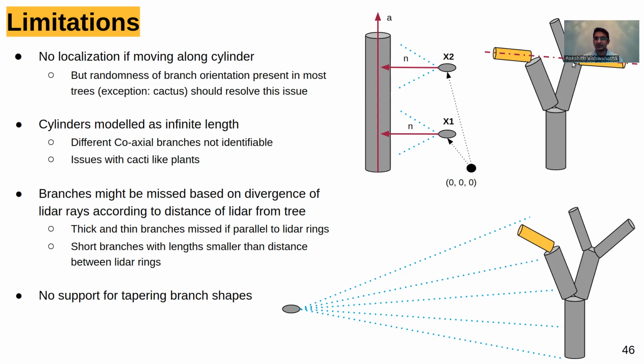And this can cause confusion with the algorithm in terms of where the robot is. But again, as long as multiple branches are visible at a given instant of time, this should not have much of an effect on the mapping pipeline.